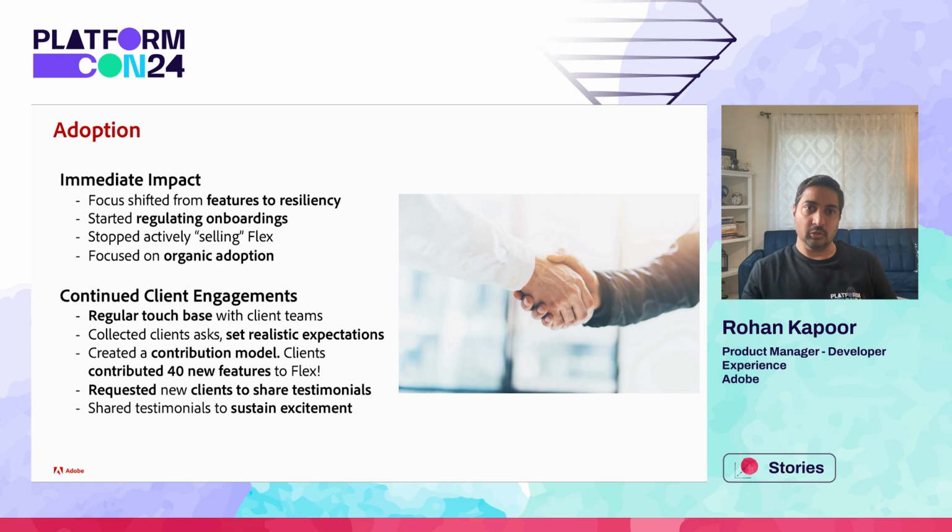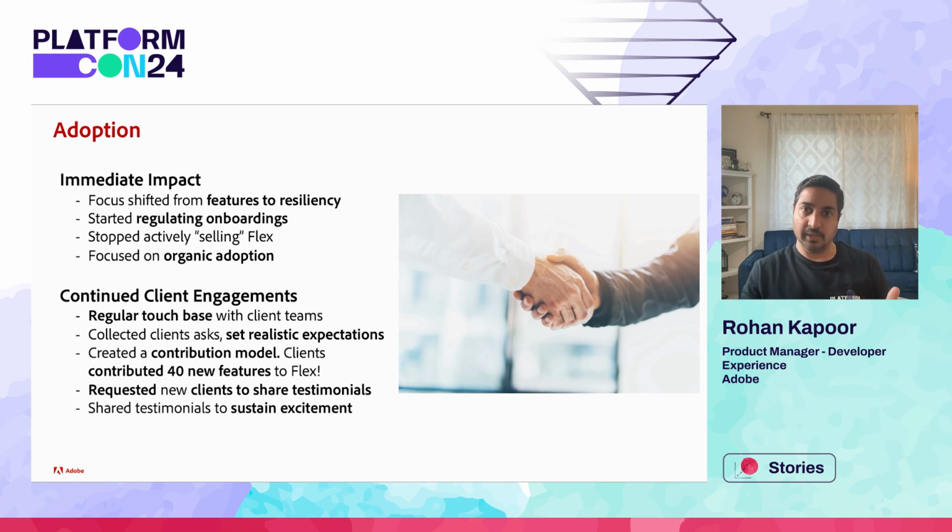So immediately, we pivoted from feature development to prioritizing resiliency, regulating onboardings to manage incoming adoption. Our focus shifted from active promotion and selling to fostering organic adoption. The key takeaway is that we stayed engaged with clients.